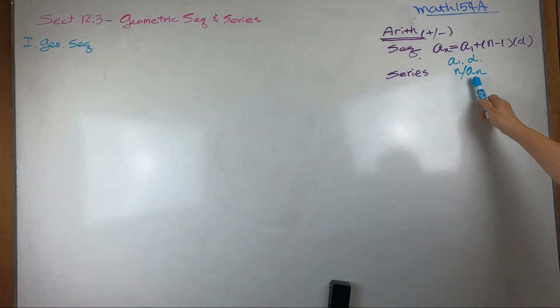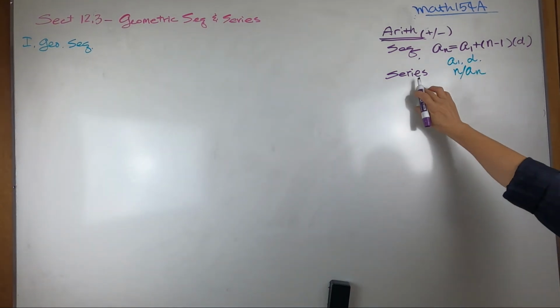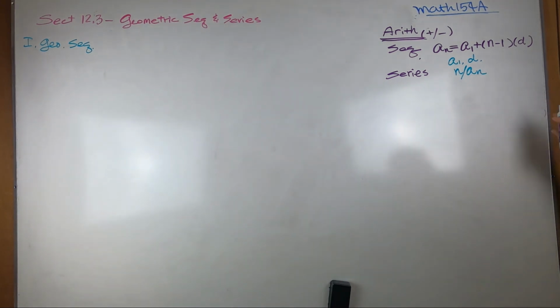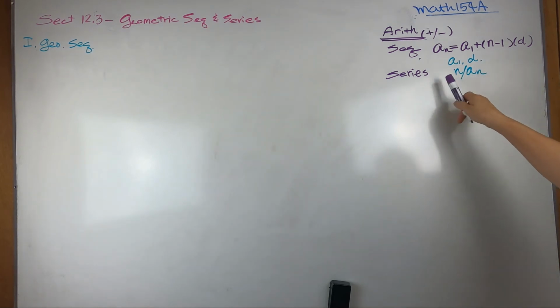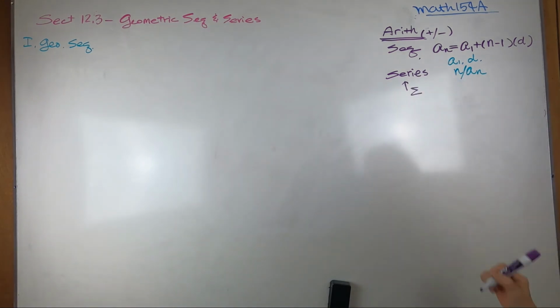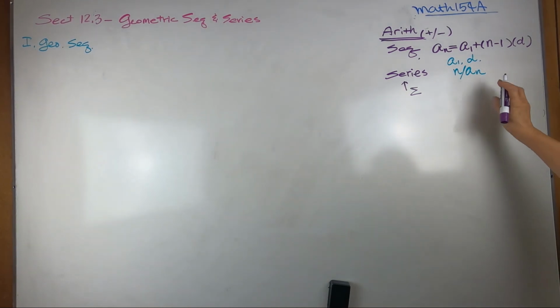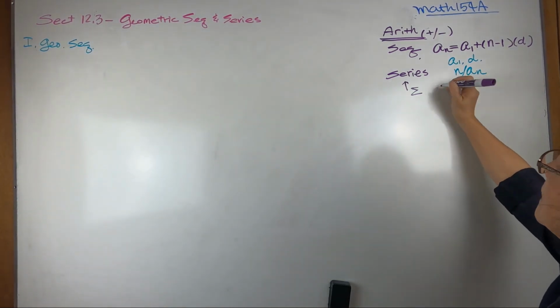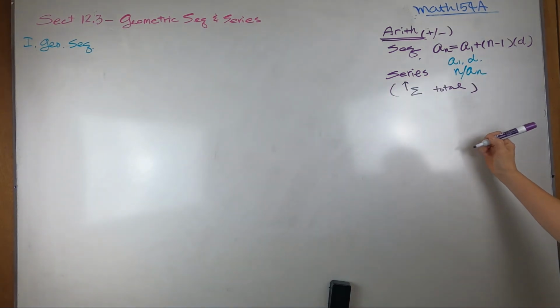For the nth day, we can have various cases. Series means you add up all those days. Sequences are for each day, and a series is the sum of the total: a_1, a_2, a_3, all the way to the nth term. How do we write the total?